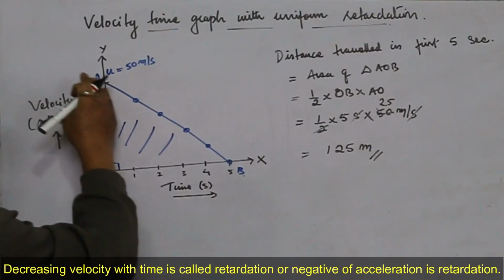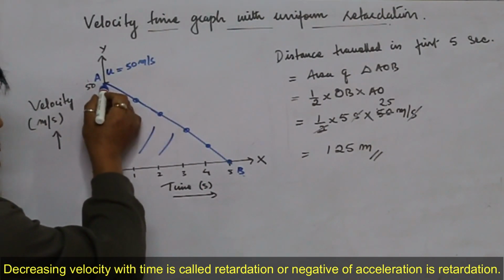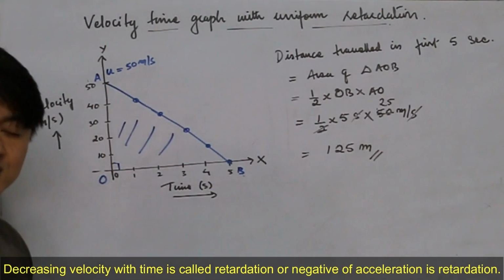Since the velocity of the body is decreasing, we have to find the retardation. Decreasing velocity is retardation, or negative of acceleration is retardation. If we see the graph carefully, we can notice that here the body is moving towards the initial position, towards the starting point.